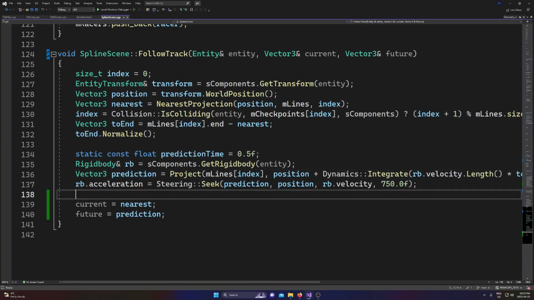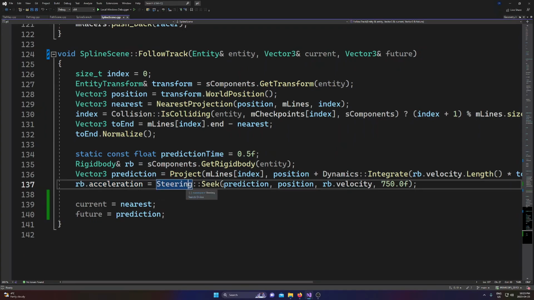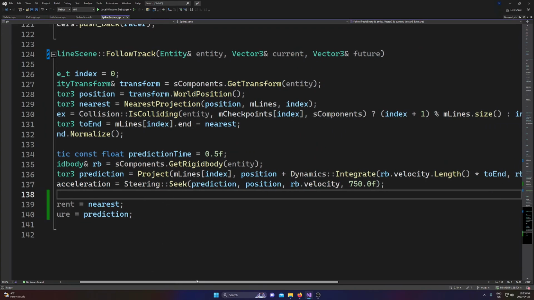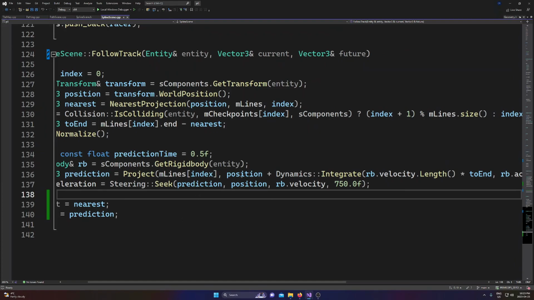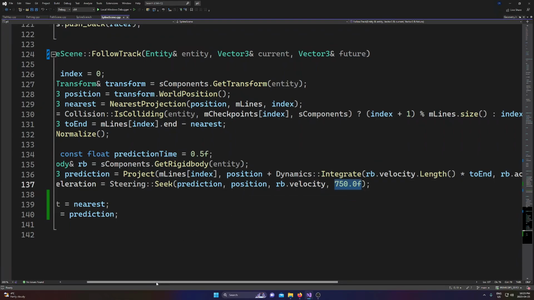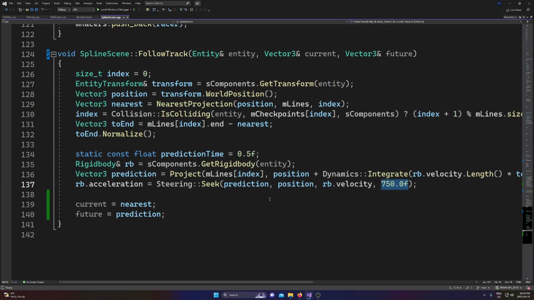And once we have that, we can apply the resultant change as an acceleration by calculating steering force, by taking our prediction, our current position, and our current velocity, and clamping the maximum force we're able to generate to 750 pixels per second squared.